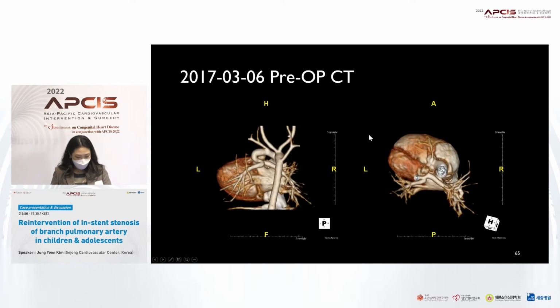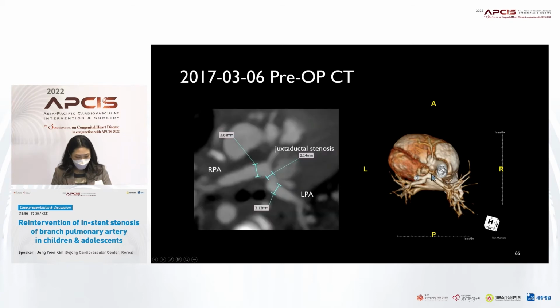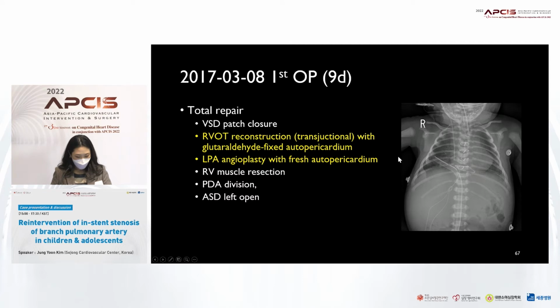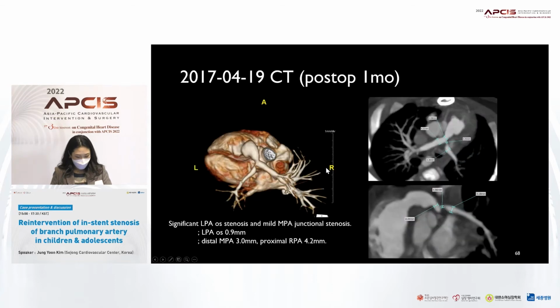Pre-op CT scan shows a short, small-segment MPA, juxtaductal stenosis of the proximal LPA and hypoplastic both PAs. He underwent total repair of PAVSD at the age of 9 days. The 1 month post-op follow-up CT scan revealed significant LPA stenosis and mild distal MPA stenosis.